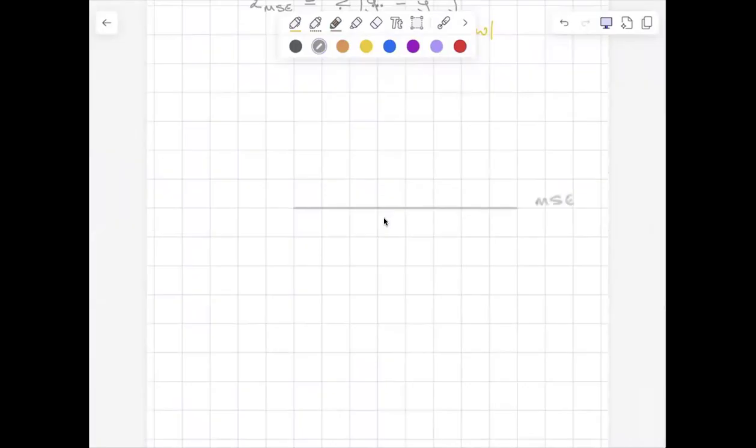On my x-axis, I'm putting the degree of my model, and on my y-axis, I'm putting the MSE. Now in the example that I had, it seems like the linear model is the best one.